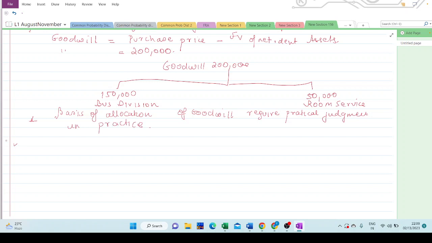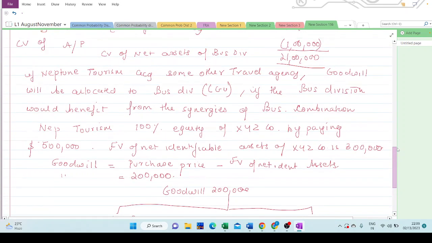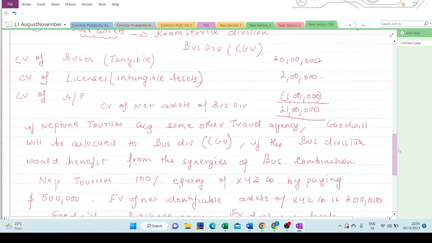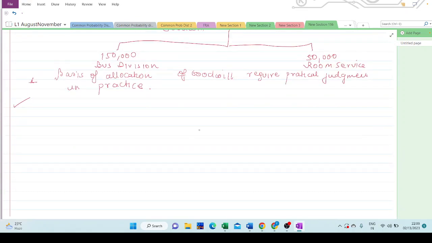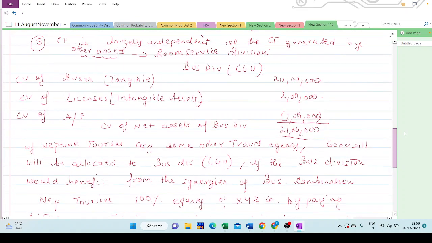Okay. Now, guys, after the allocation of goodwill, how would the net assets of the bus division CGU look? Carrying value of buses was how much? 20 lakh.